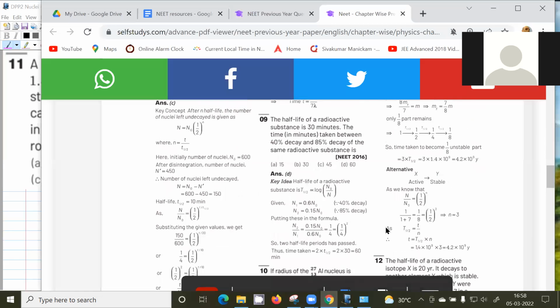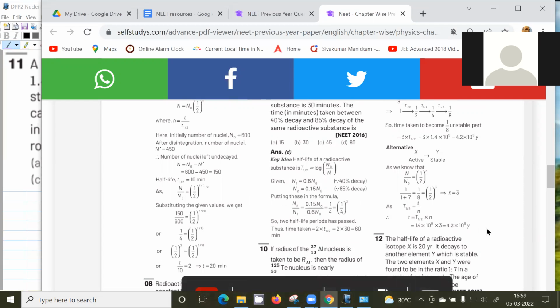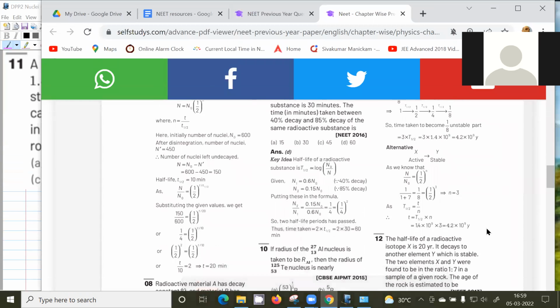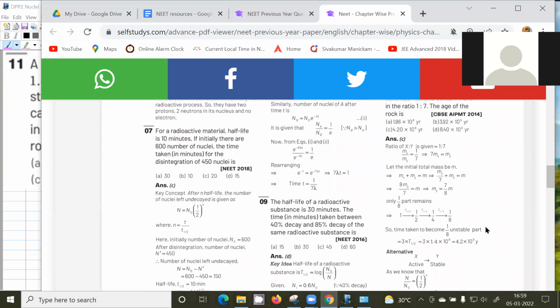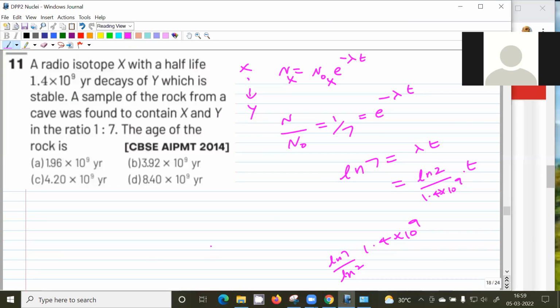So learn ln 7 values, sir. Is that actually required? So the ln 7 value is 1.93.